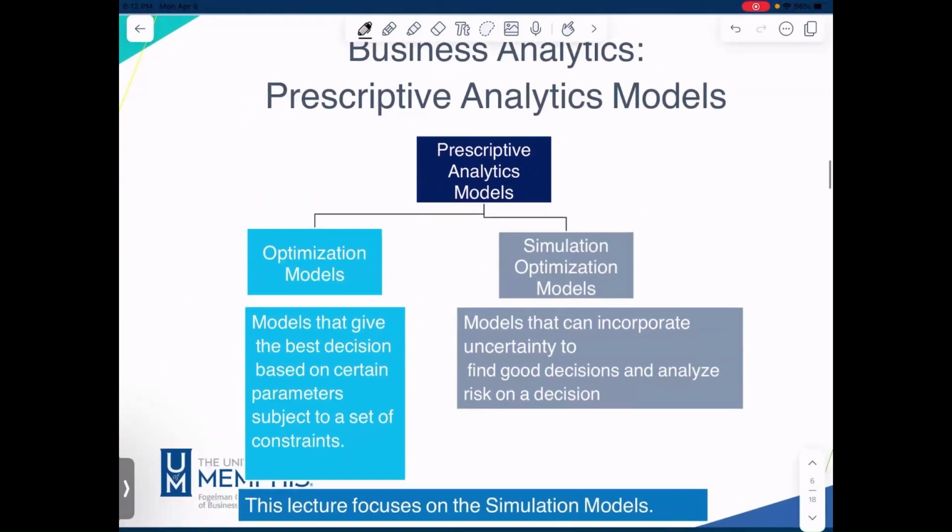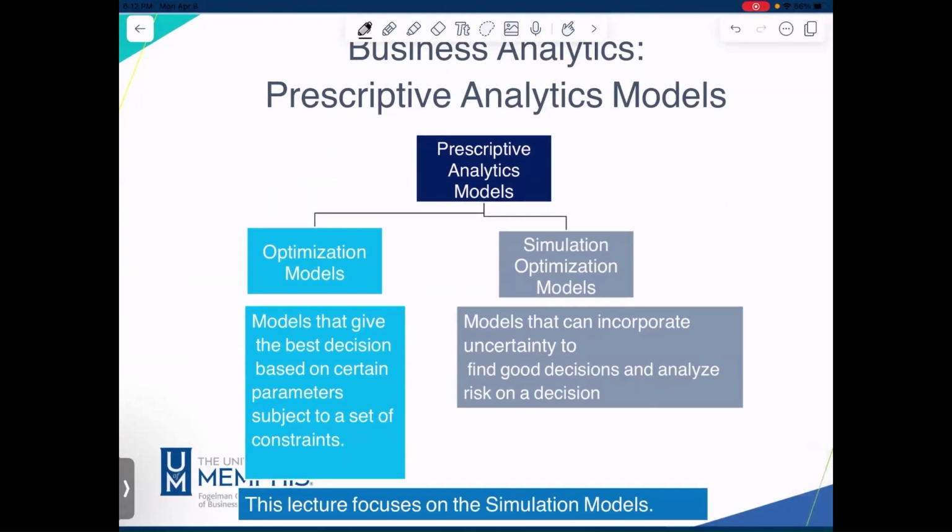Again, I already explained this. Simulation models are able to incorporate uncertainty, whereas optimization models, in the way that we learned them, are not able to incorporate any uncertainty. For example, in your network optimization problem, you know exactly what the costs are for all the shipping routes, and you are trying to figure out the optimal way to ship things.